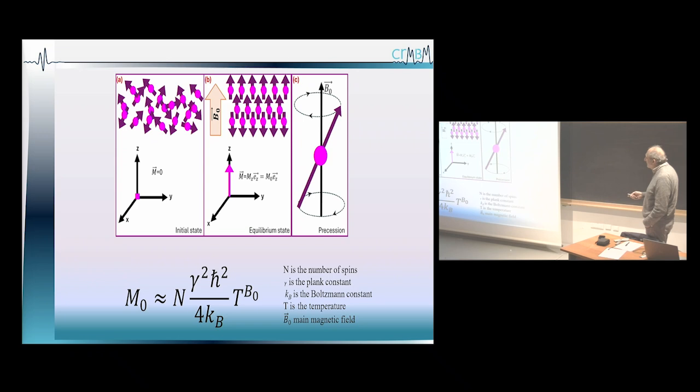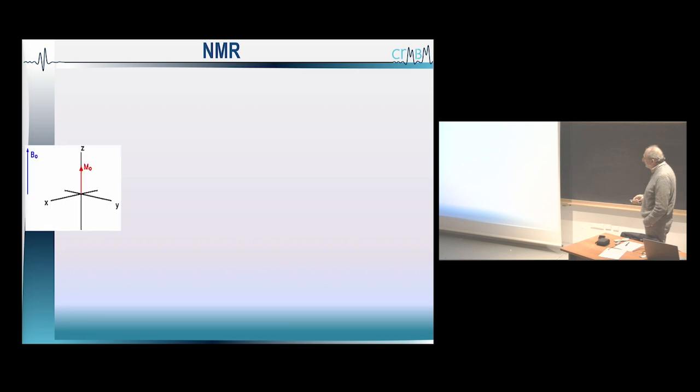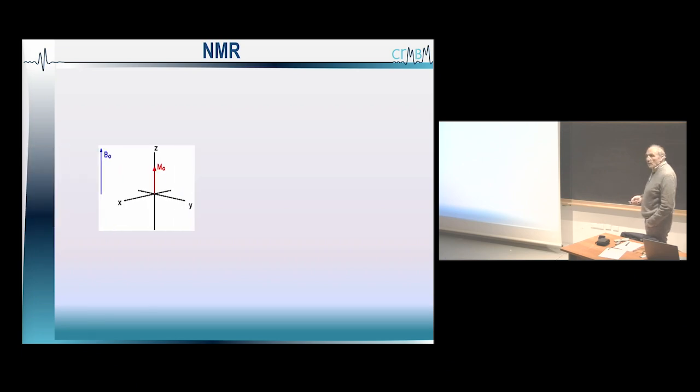And then you can imagine the macroscopic vector rotating around B0. So now we don't have the NMR signal. We have created a kind of magnetization along the z-axis, but we don't have the signal.